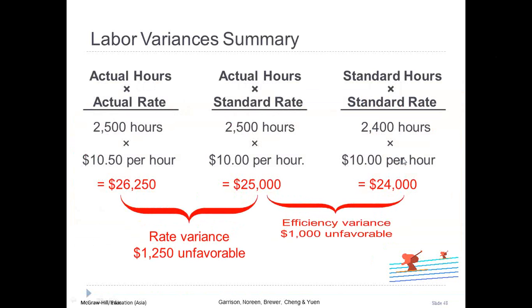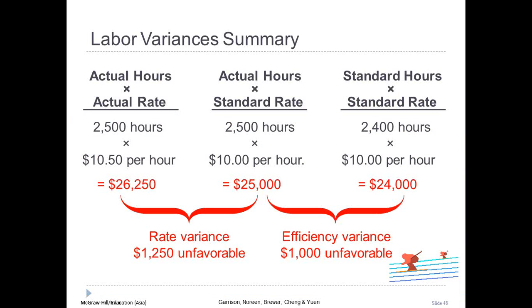The labor efficiency variance, defined as the difference between the actual quantity of labor hours and the quantity allowed according to the standard, is $1,000 unfavorable. The efficiency variance is labeled unfavorable because the actual quantity of hours exceeds the standard quantity allowed by 100 hours.